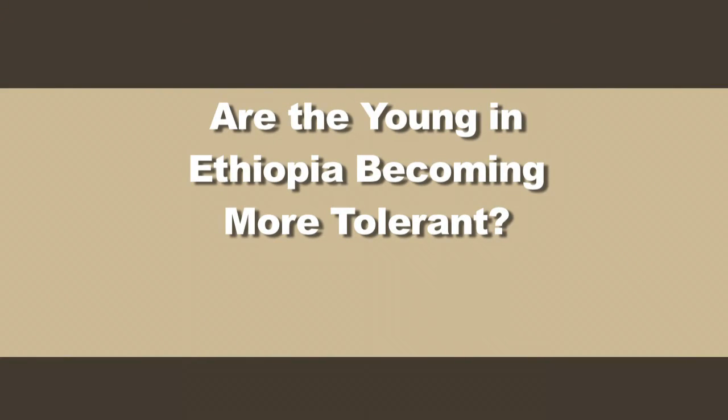liberalism's gaining wide currency. What about the young people in your own country? Are they becoming more tolerant? Are they more willing to accept? How are they dealing? Ethiopia has changed, and Ethiopia changed for good since 1974, because 1974 marks the demise of the monarchy. So the monarchy, the ancien regime, with all its values and norms, institutions, what have you, it's gone.